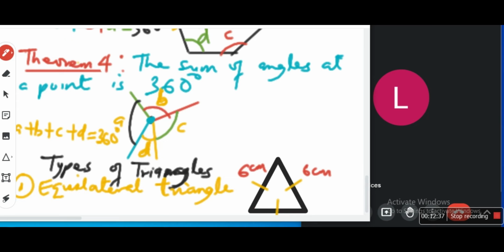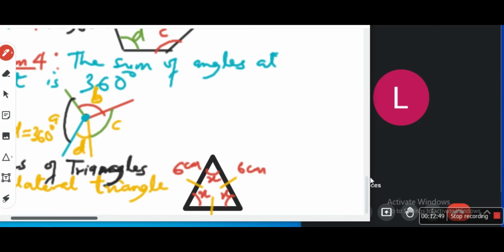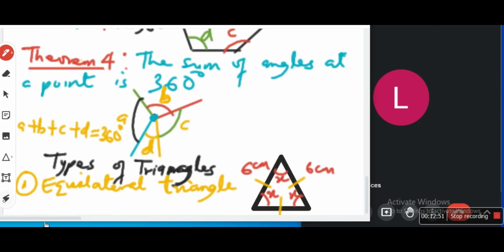Now, what it means is all the angles will also be equal. This is angle X, this will be angle X, this will be angle X, because the sides are equal. So the value of one angle can be found. Sum of angles in a triangle is 180 degrees.